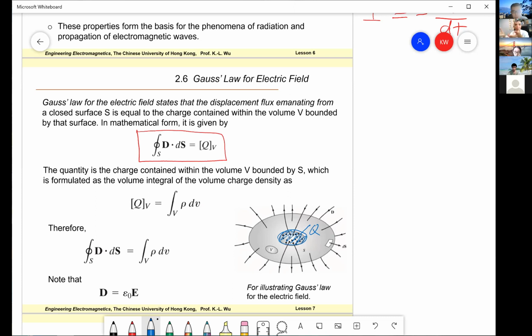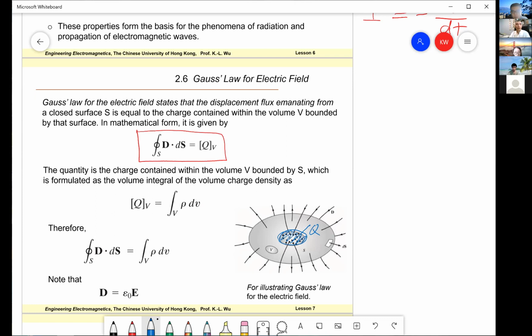This is independent of the geometry of the surface. It doesn't matter how far the surface is. That is the way we can measure how much charge is included in the surface.